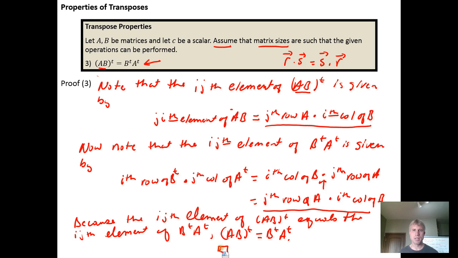And that ends the proof of that property. Again, you'll get to do properties 1 and 2 in the homework.